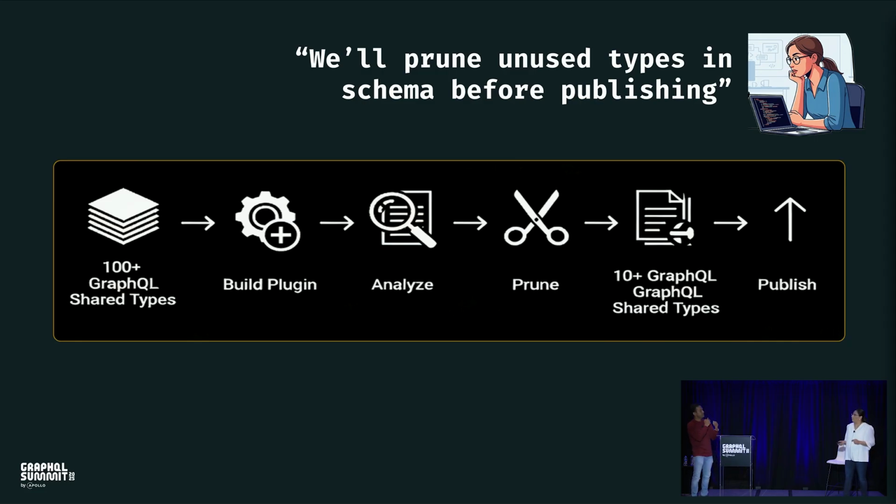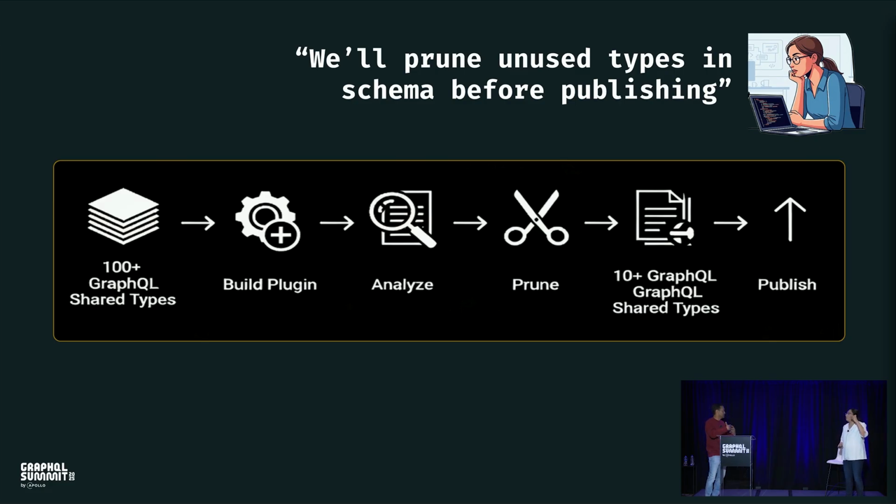Like, how do you identify that the type is being used or not used? What do you think? We parse the schema and we see whether it is being referenced or not. Okay, so reference through the queries or the mutations? Yes. And if you don't have any reference at all, then it's not referenceable.